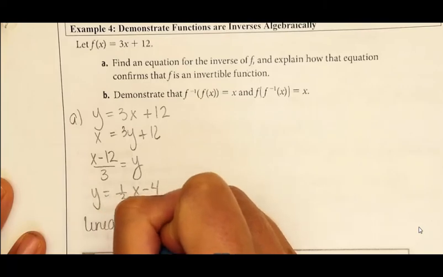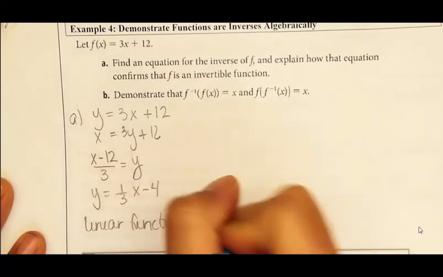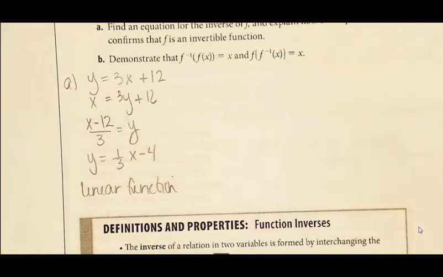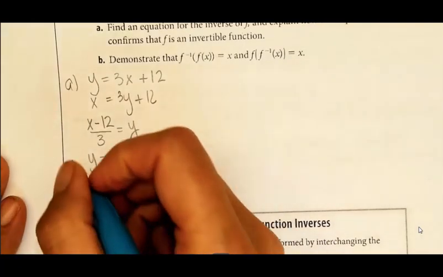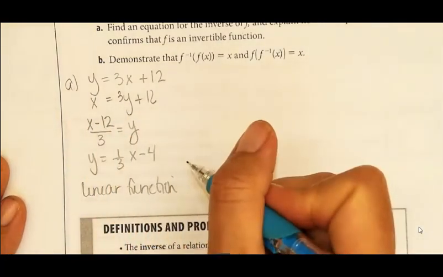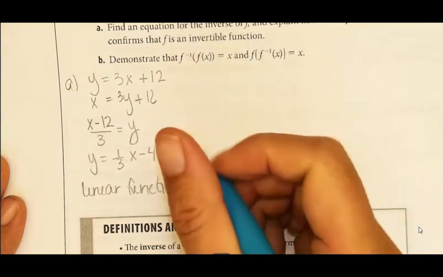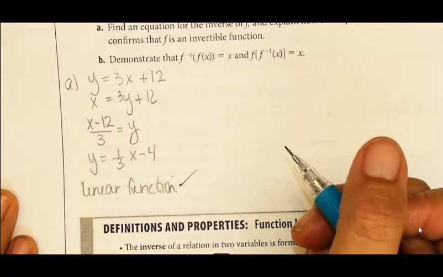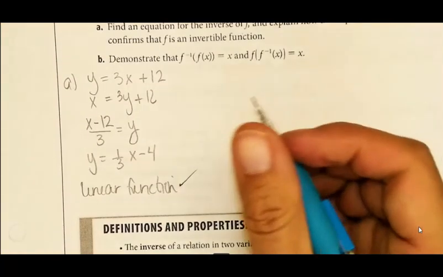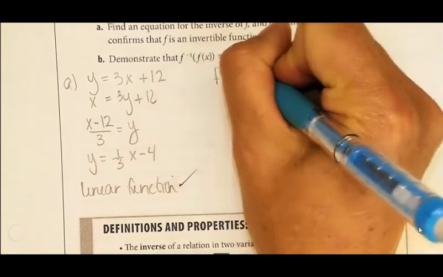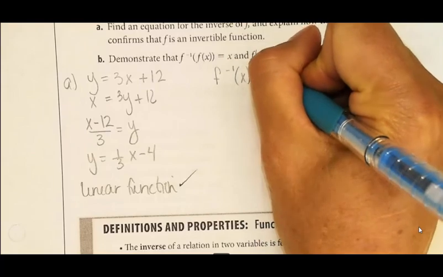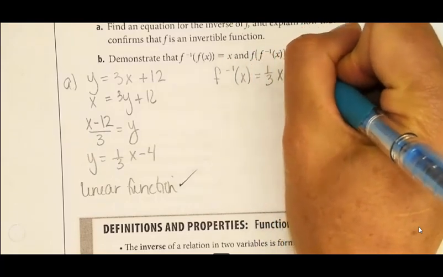Hopefully you recognize that. And we know that all linear functions, in fact, are functions because they pass the vertical line test, right? So we get exactly one input for every output. So it's a linear function, so it's definitely, the inverse is a function. Okay, so we can say then that f inverse of x is 1/3 x minus 4.